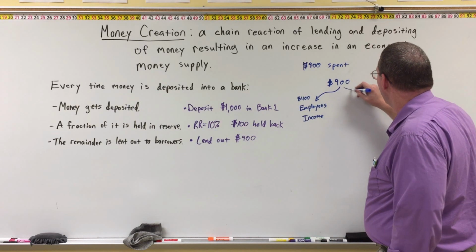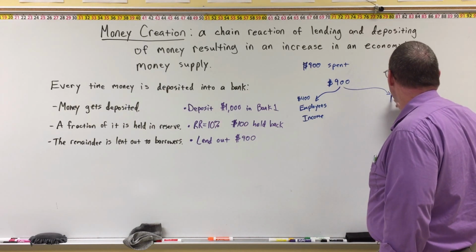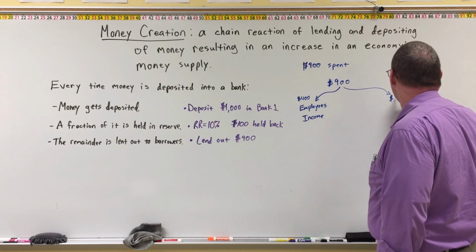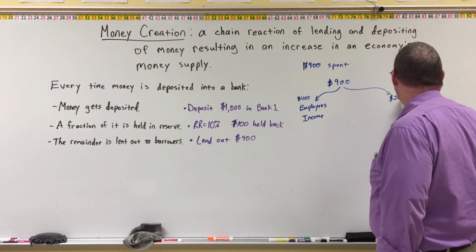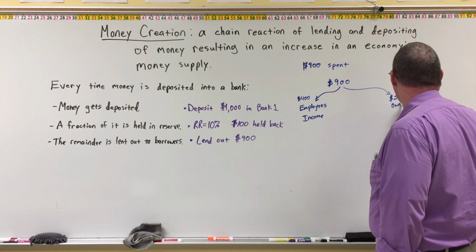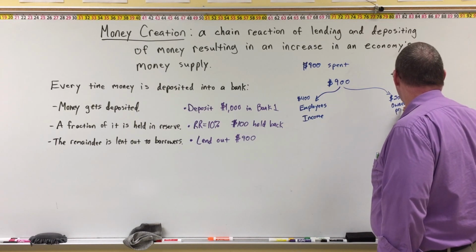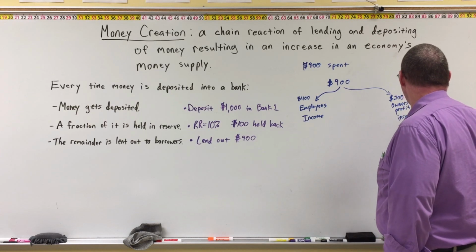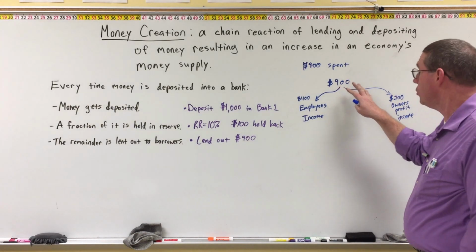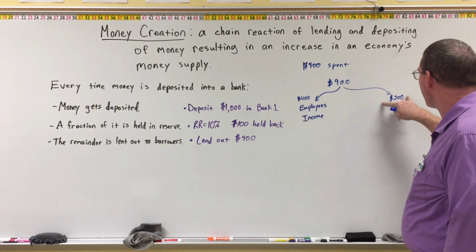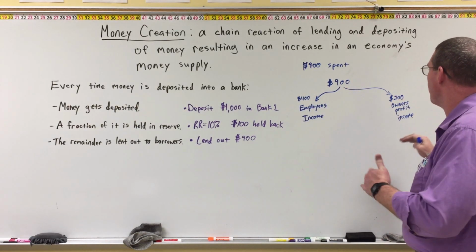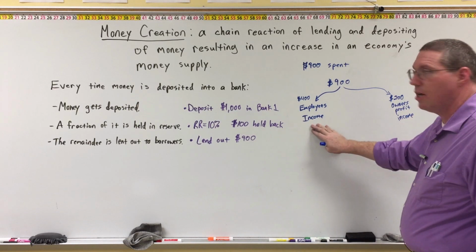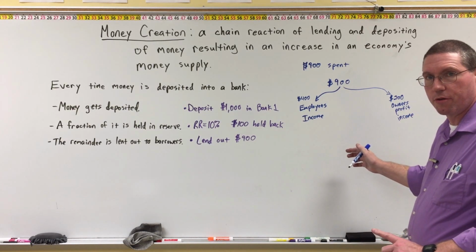Then let's say $200 goes to the owners as profit, which, by the way, is also income. So of this $900, 400 plus 200, $600 of that money is now income for individuals.